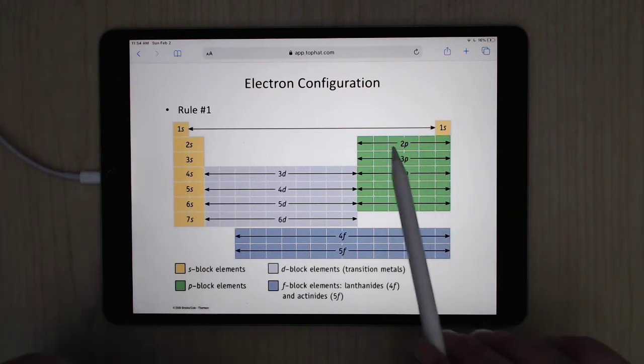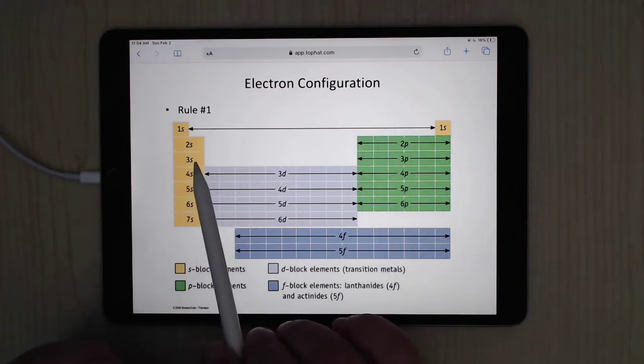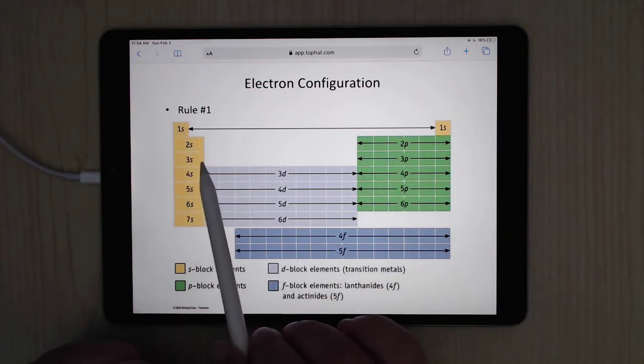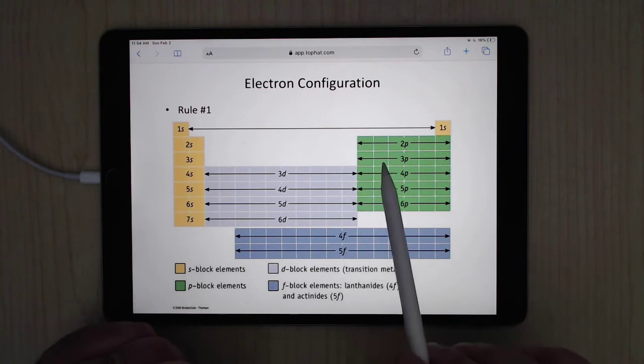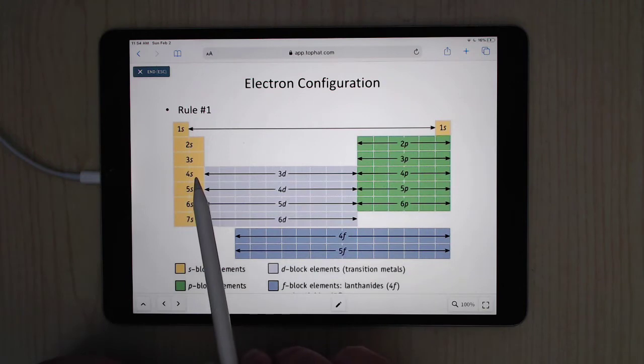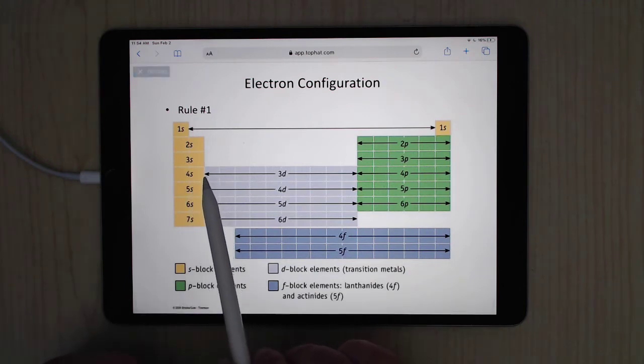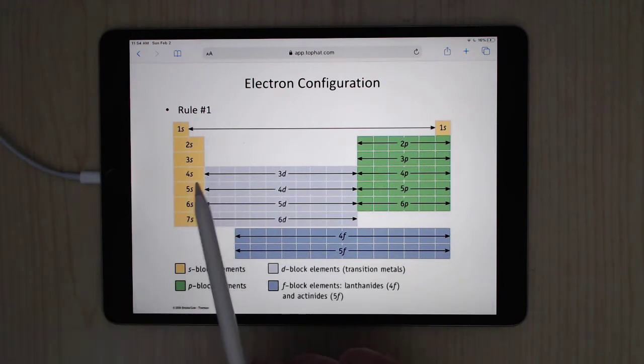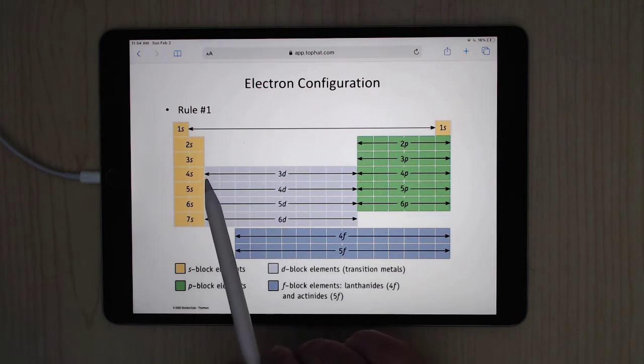At least that's how I always remember it. Come over here, 3s, because you already have a 1 and a 2. Come over here, you already have a 2, so let's start at 3. Then over here, the 4s, and then this one, you come to the d block. This is the third type you've come to, so we start off with 3d. I always remember this because of the 3D movies that were so popular a while back.